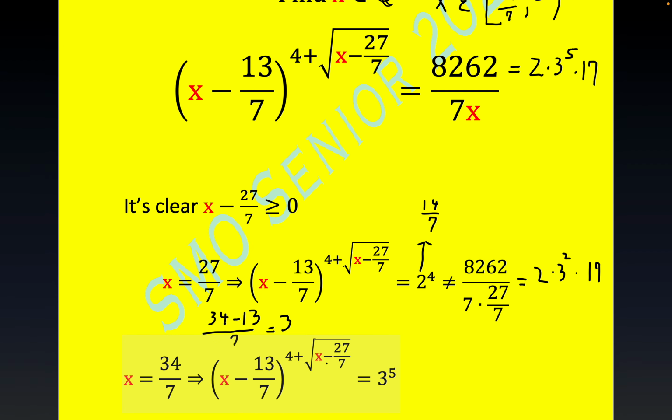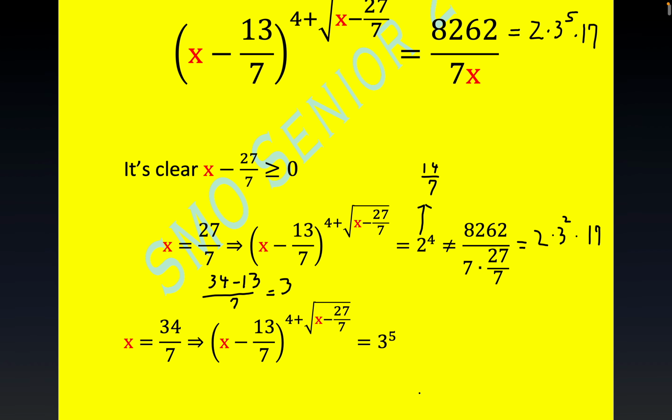And in a similar fashion, you put 34 over 7 minus 27 over 7, that's just 1. Square root of 1 is 1, so that's where the 3 to the 5th comes from. Now let's check and see what's going on here. Let's write down our number 2 times 3 to the 5th as comparison. You can see that it's already working. So that's the top part.